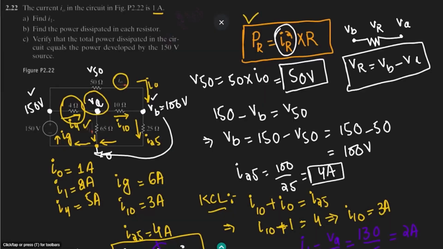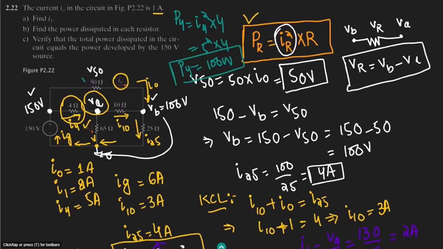P4 is equal to I4 square into 4. The value of I4 is 5, so 5 square multiplied by 4 would be 100 watt. So P4 is 100 watt.